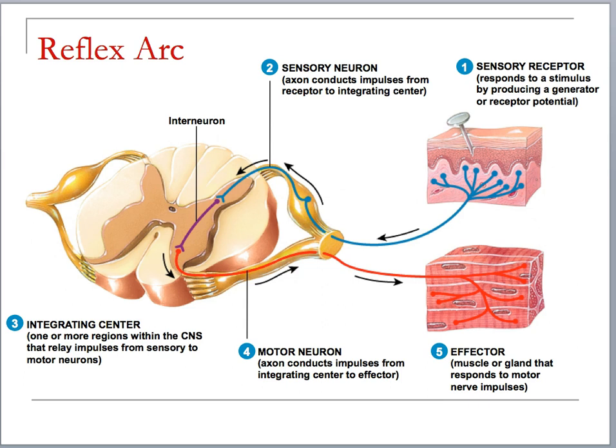It's the same figure you have inside your textbook, where, in this case, a tack gets into your hand. You're going to pull your hand away quickly, but how do you pull your hand away quickly? That information is sent into the gray matter of the spinal cord, activating that specific interneuron, and then it's going to activate the motor neuron, which is then going to cause the muscle to actually contract and pull your hand away.